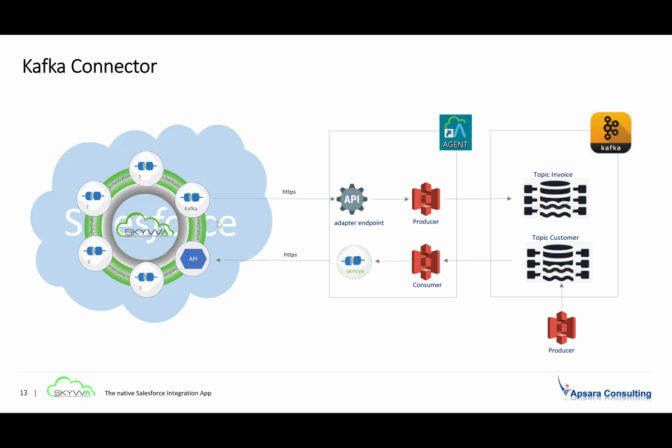Whenever something is put into this topic, we get it, in real time, immediately, because we can subscribe to this topic using the SKYVVA consumer with Apache Kafka. So with these two patterns, the producer pattern like publish and the consumer pattern like subscribe, you can build an event-driven architecture with integrations.